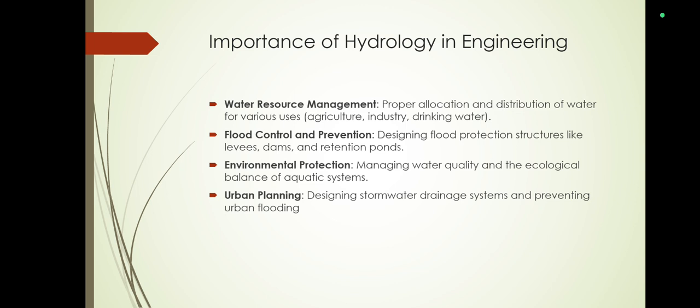Flood control and prevention: designing flood protection structures like levees, dams, and retention ponds is an important factor. Environmental protection: managing water quality and the ecological balance of aquatic systems. And the last one is urban planning: designing stormwater drainage systems and preventing urban flooding is also a major importance of hydrological analysis.